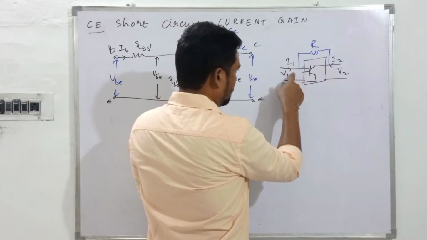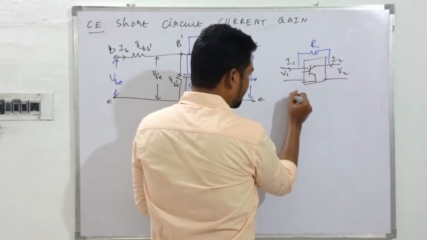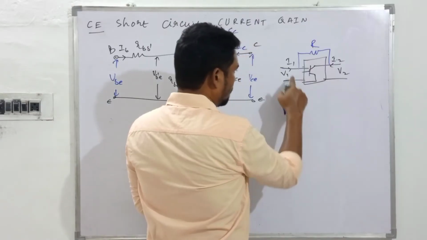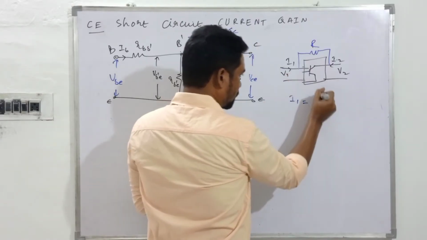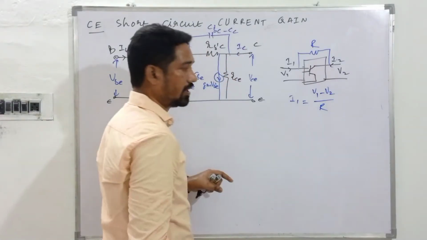So guys, according to network theory, what will be I1? Current I1 can be written as I1 due to V1, so (V1 minus V2) by R. Clear?